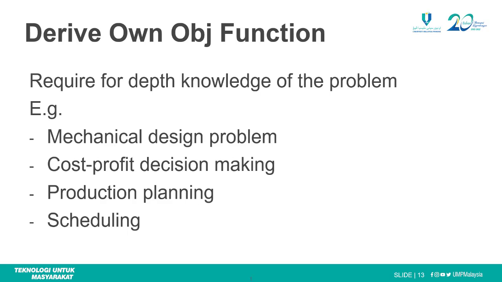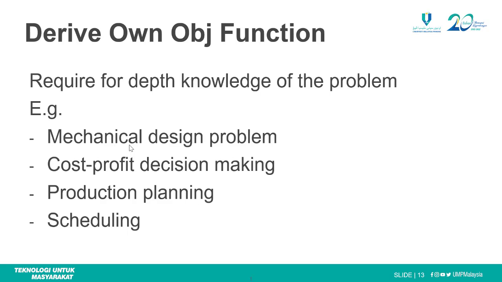Okay, but in order to derive our objective function, we require depth knowledge of the problem that we are dealing with. For example, if we want to optimize a certain mechanical design problem, we need to formulate the problem according to the mechanical design knowledge.